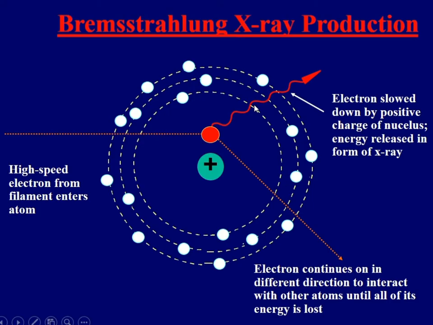So this is how Bremsstrahlung X-rays are produced. It is mainly due to the Coulomb attraction. So Bremsstrahlung scattering occurs when the accelerated electron interacts with the nucleus, and there is a Coulomb interaction between the nucleus and the electron.